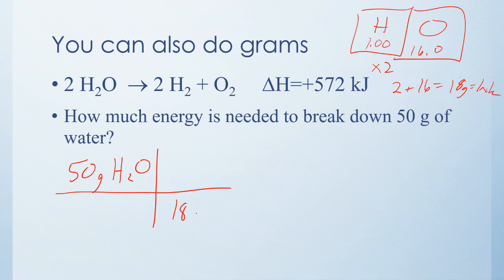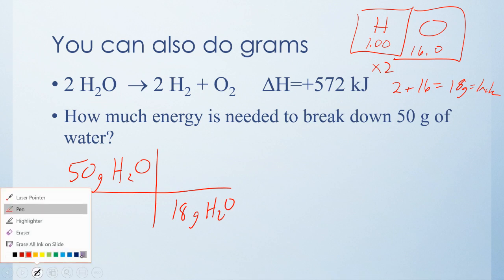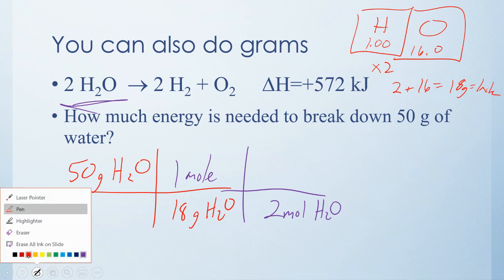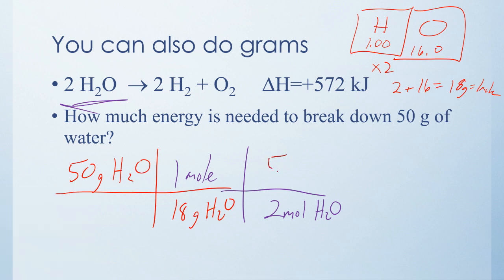So if 18 grams of water is 1 mole, and then we know that for every 2 moles of water, we need, or we can get 572 kilojoules. Grams cancels, moles cancels, and then we have kilojoules.